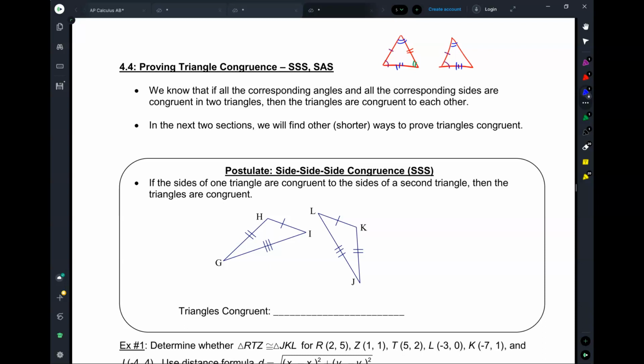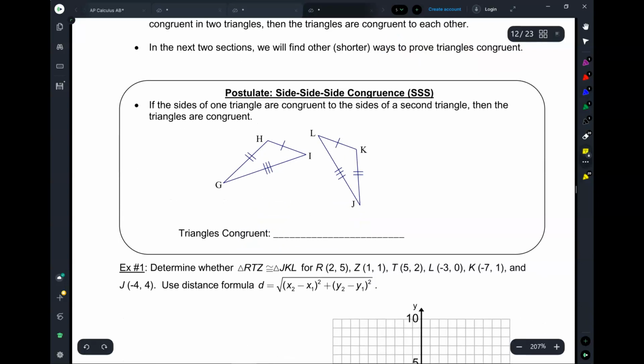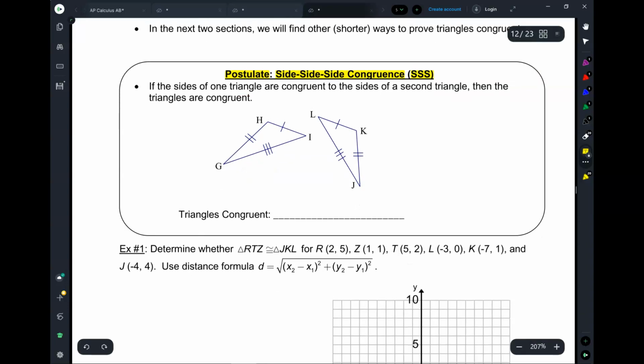Okay. The first thing we're going to learn is this postulate. It's called the side congruence postulate. It's got a nickname, SSS. So we just call it the SSS postulate. The SSS postulate says, if the sides of one triangle are congruent to the sides of a second triangle, then the triangles are congruent, right?